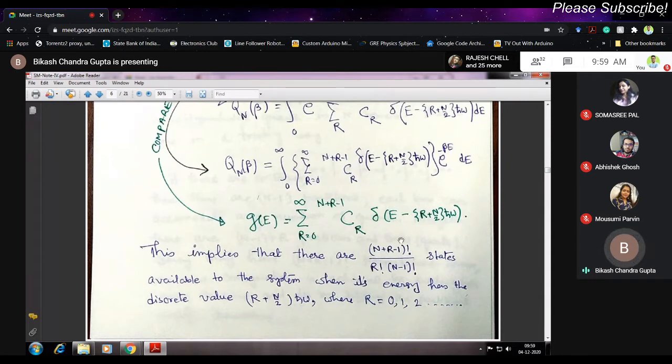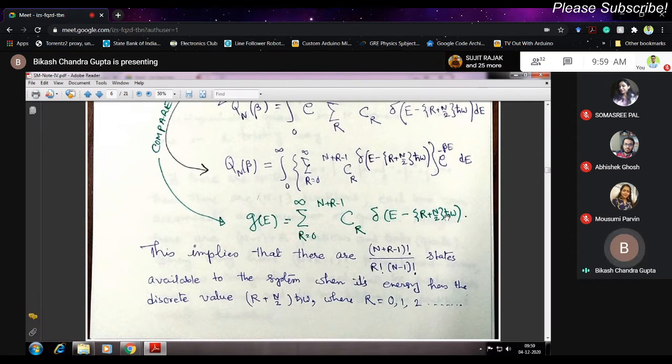Each oscillator will definitely have an unavoidable energy, that is h cut omega by 2. So n harmonic oscillators, each having h cut omega by 2, altogether will have n h cut omega by 2.